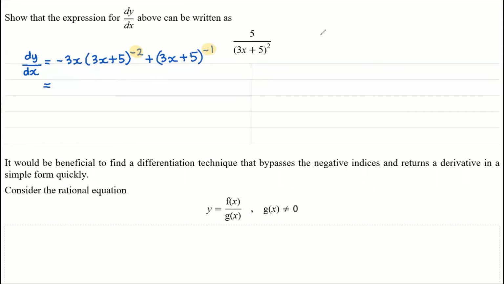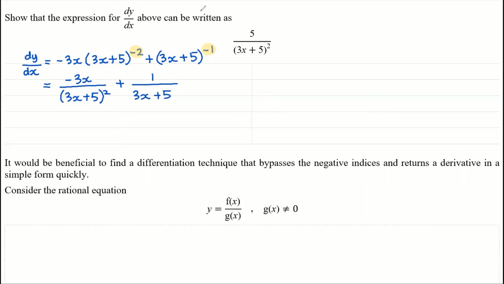So if we do that, we're going to have -3x divided by (3x plus 5) all squared plus 1 over 3x plus 5. And I said in this warm-up, you could be asked to, or you might need to write this as a single fraction, or you might choose to make the answer look a bit neater.